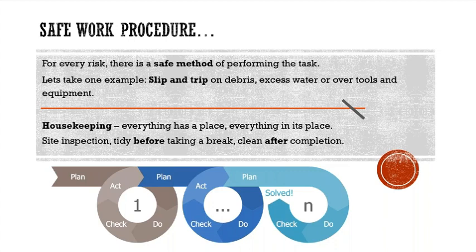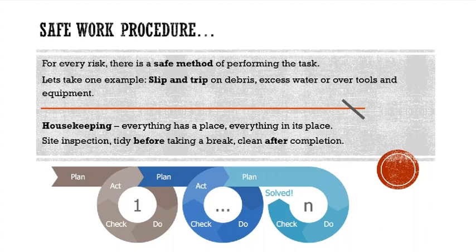Do it and then check. And hopefully, after this continual development of safe working procedures, you will get to a resolution of a safe working procedure that is best practice for you. So for every single risk, every hazard, and for every task, there is a safe method.